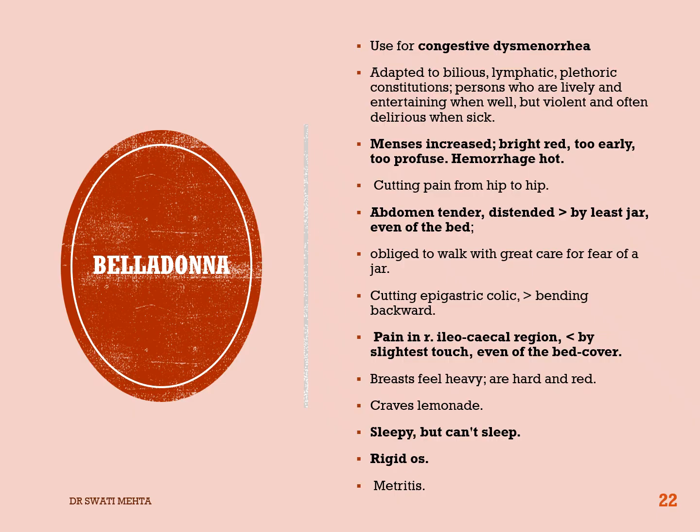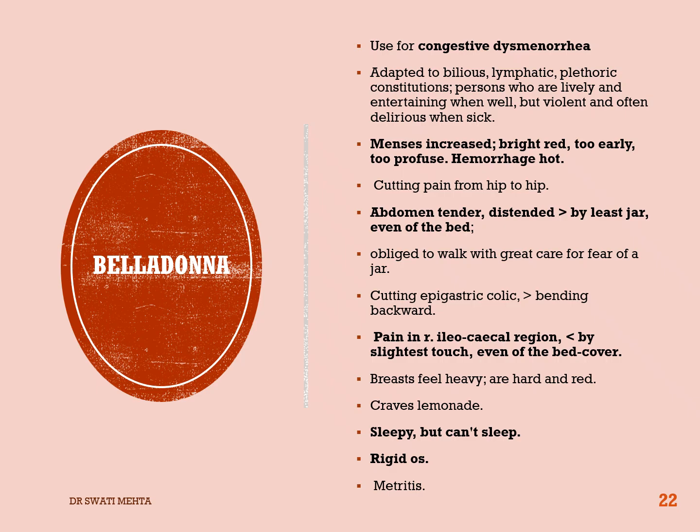Belladonna is a leading remedy for congestive dysmenorrhea. The patient experiences sudden, intense throbbing pains with marked pelvic congestion. We all know that belladonna is a good medicine, or you can say one of the best medicines for any type of congestion. So it is best for congestive dysmenorrhea.